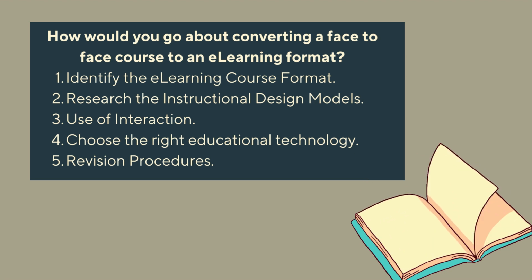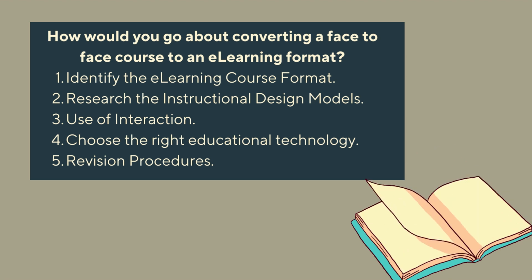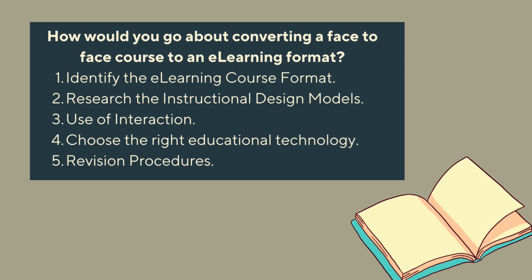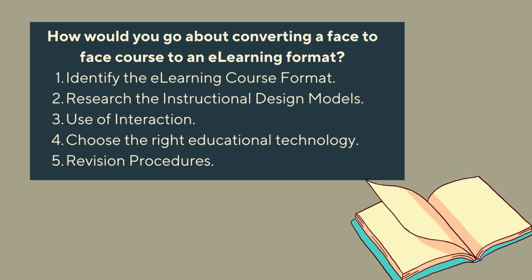So, identify the e-learning course format. A face-to-face course can be converted in the following three e-learning formats: the asynchronous learning, the synchronous learning, and the hybrid or blended learning. When we say asynchronous learning, it is learning in which interaction between instructors and students occurs intermittently with a time delay.